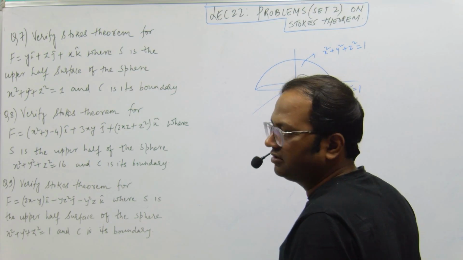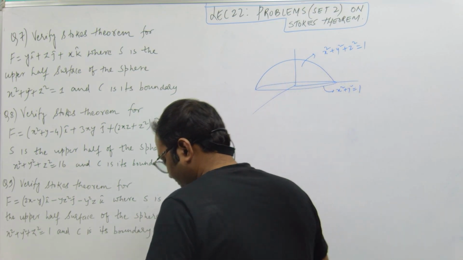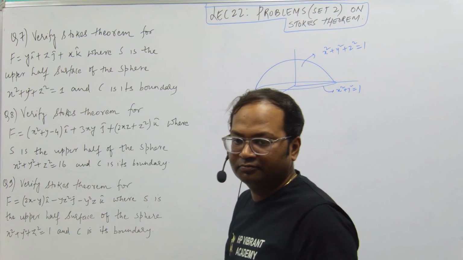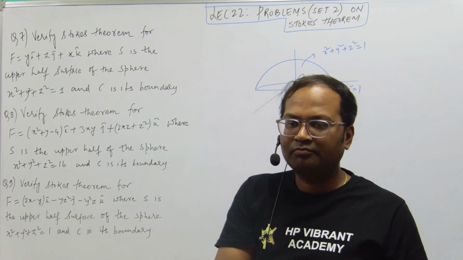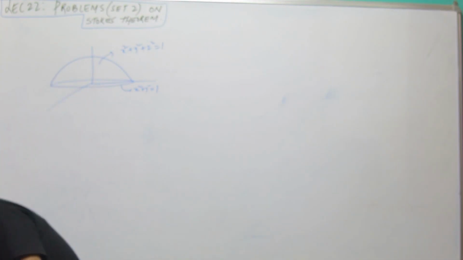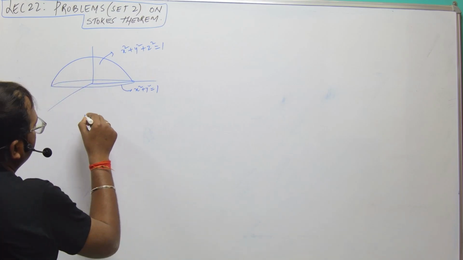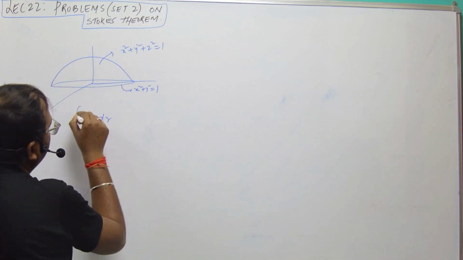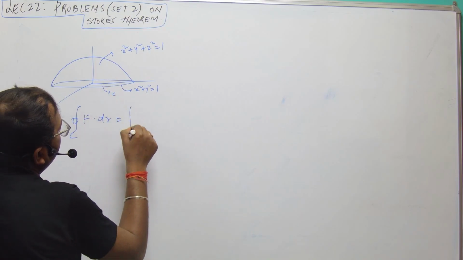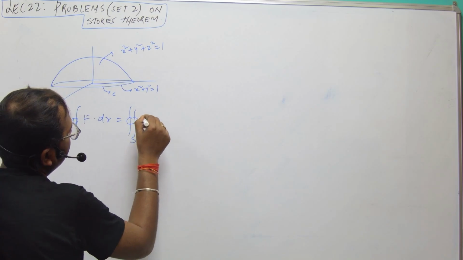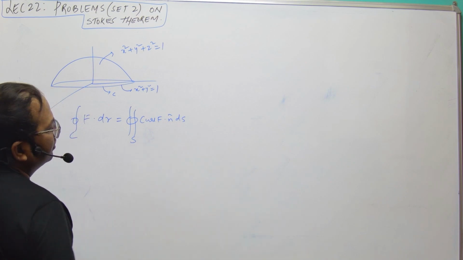So let us apply the Stokes theorem. We have the integral of F dot dr along the curve C equal to the surface integral along the surface S of curl of F dot n cap dS.